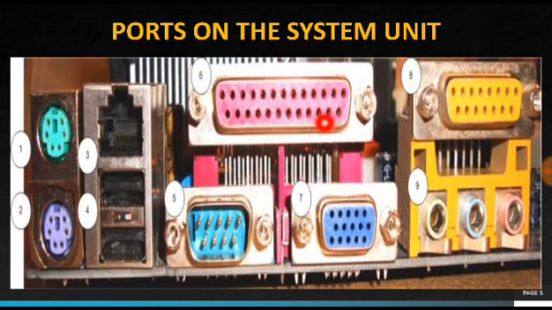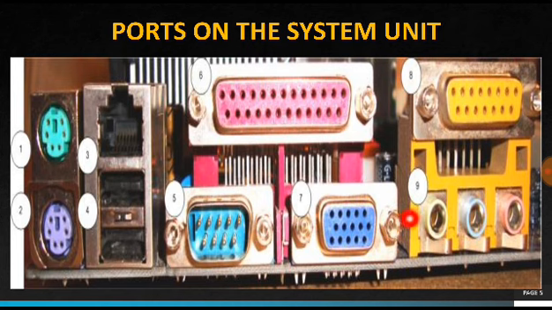Then when you come here, we have the para port. The para port is also used in connecting of printers, or we can connect printer cables to the para port as a peripheral device to work together with the computer.